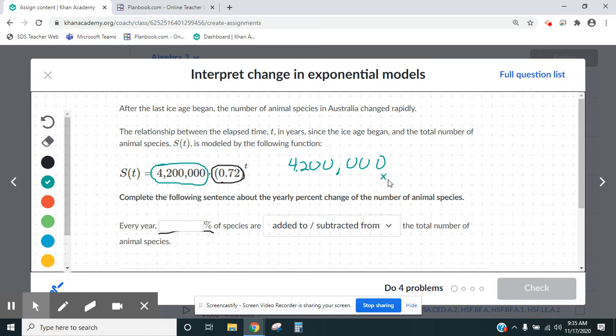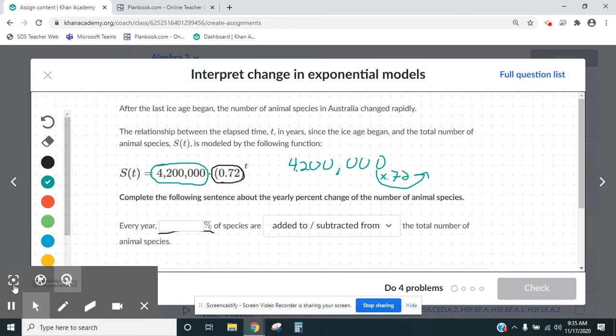So if I take this times 0.72 every year, what's happening to the population? It's getting smaller, right? How do you know it's getting smaller? Bingo, it's under 100%. It's under the decimal form 1. So anything under 1 means the population is reducing.